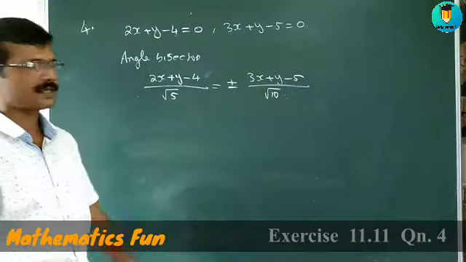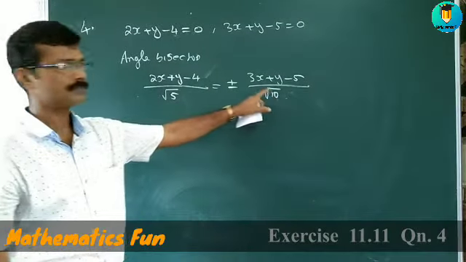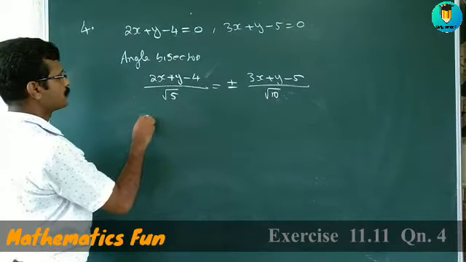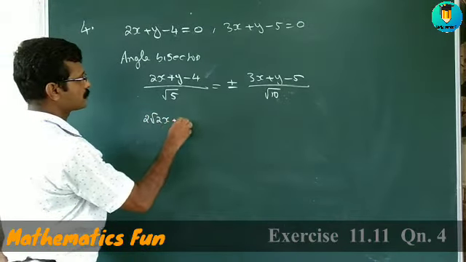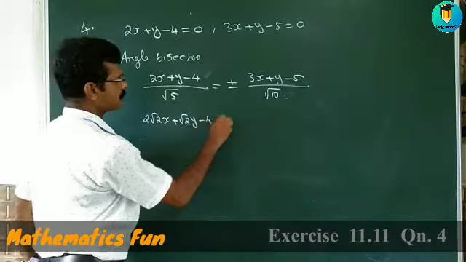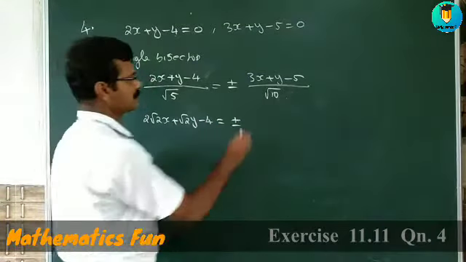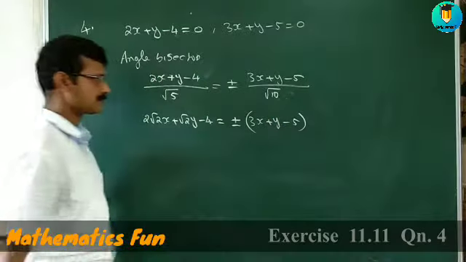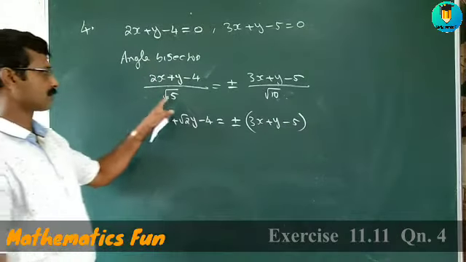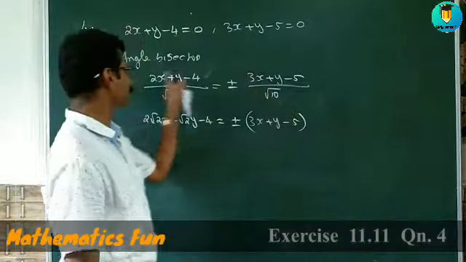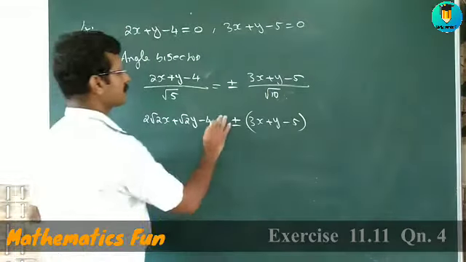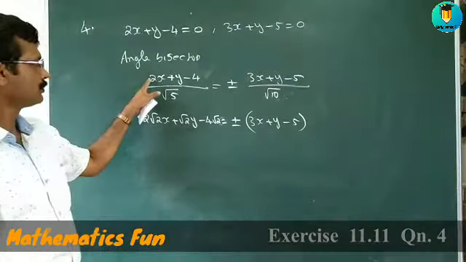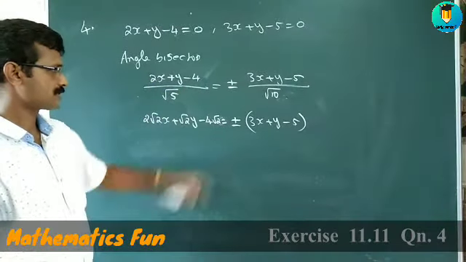Root 5, root 10, I can cancel, so root 2 will come. Cross multiplying with root 2: 2 root 2x plus root 2y minus 4 root 2 is equal to plus minus 3x plus y minus 5.